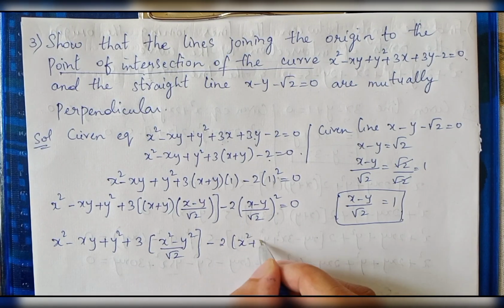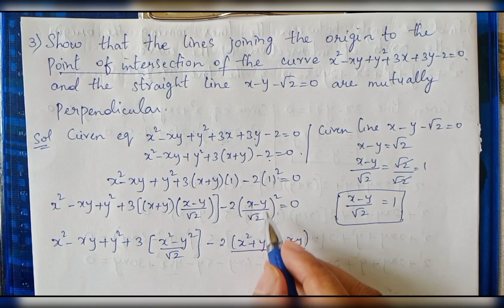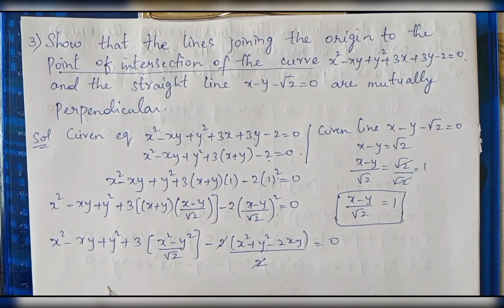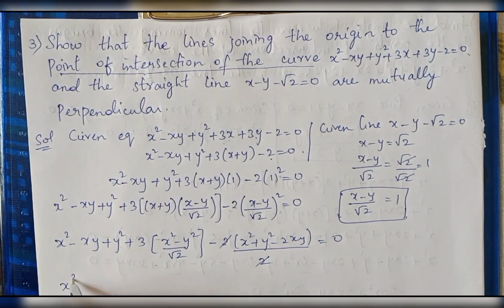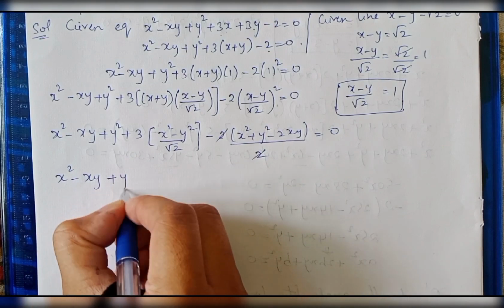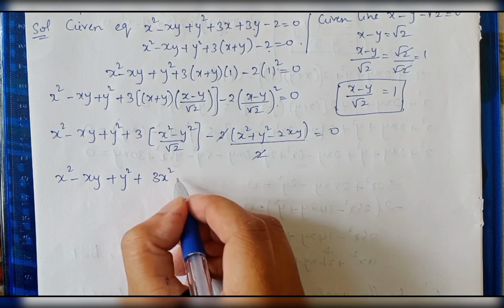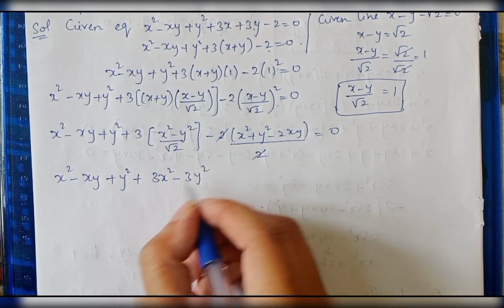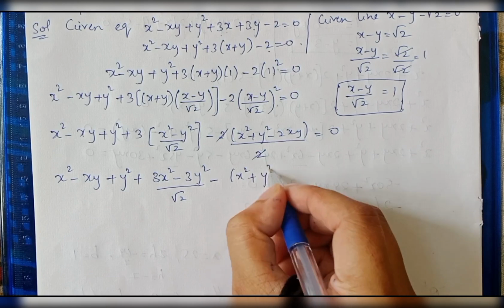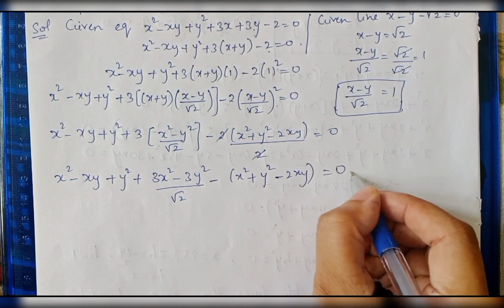So it is x square plus y square minus 2xy by 2, and the root gets cancelled. So here the 2 ones get cancelled. So it is x square minus xy plus y square plus 3x square minus 3y square by root 2 minus x square plus y square minus 2xy equal to 0.